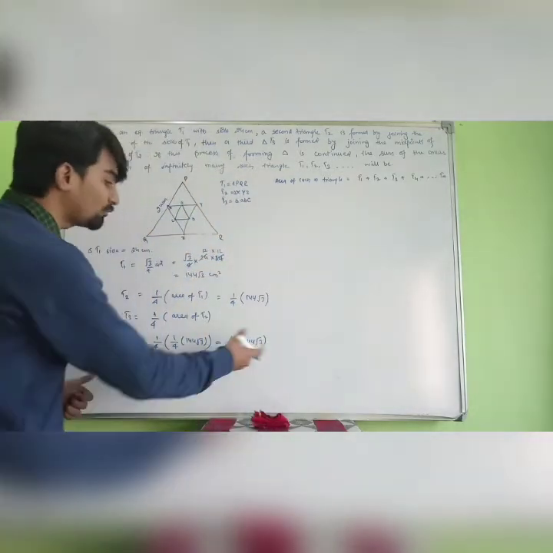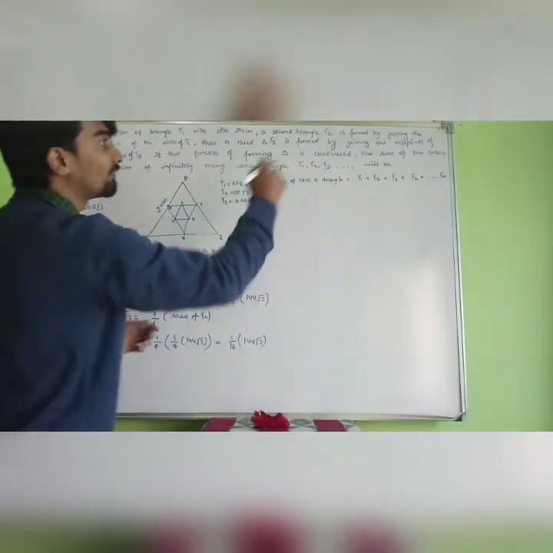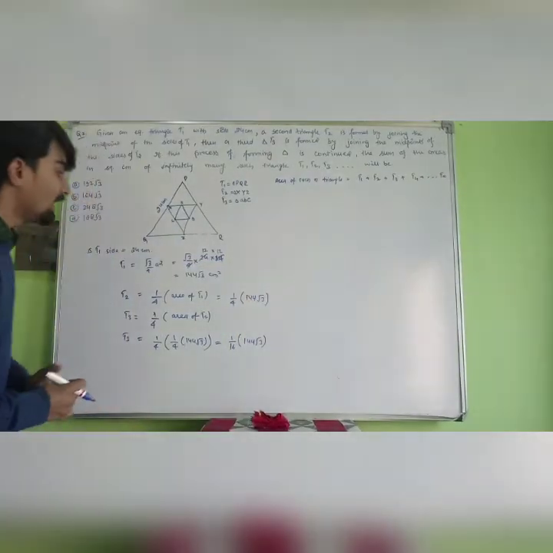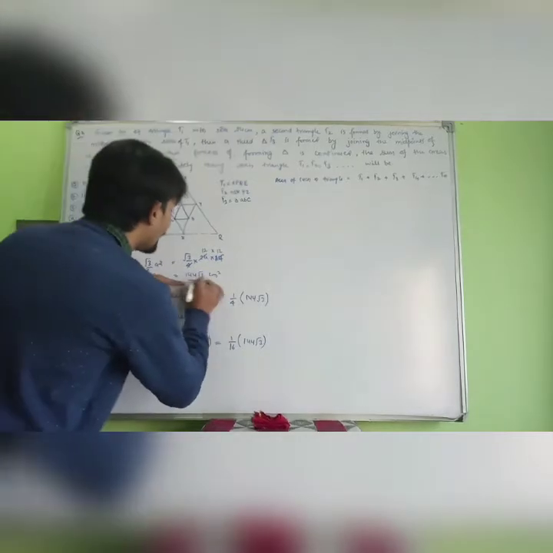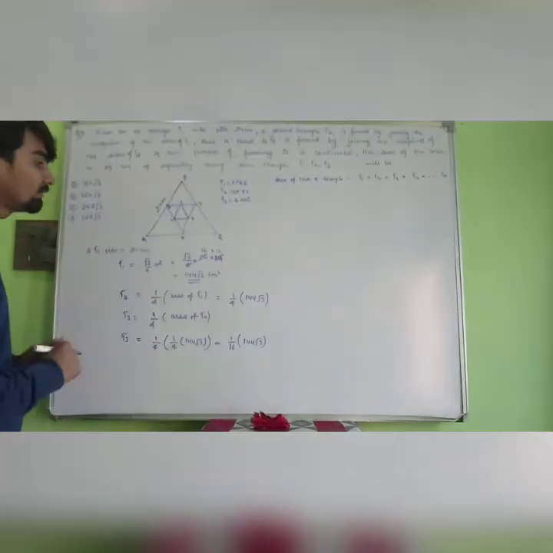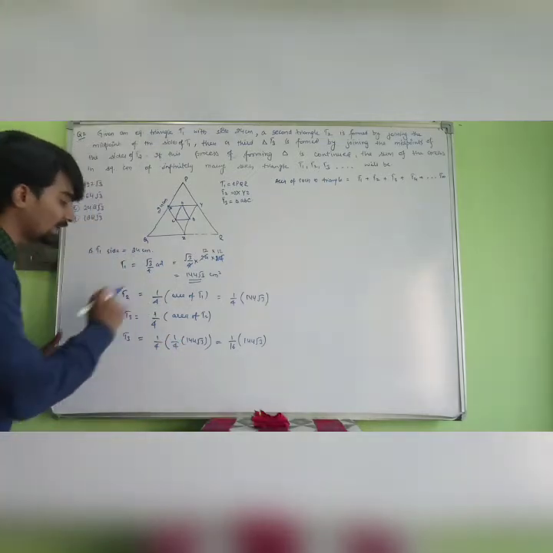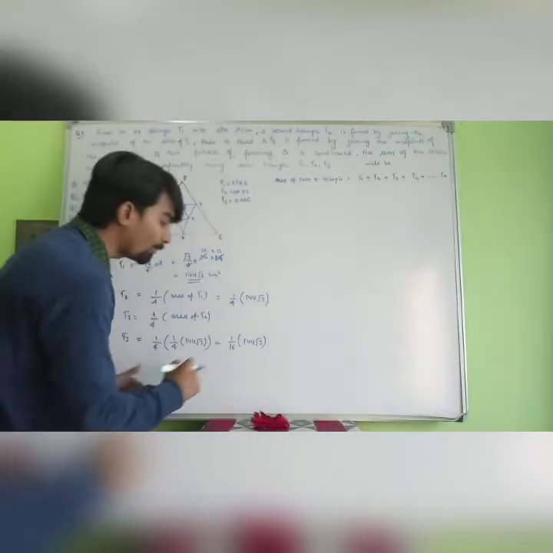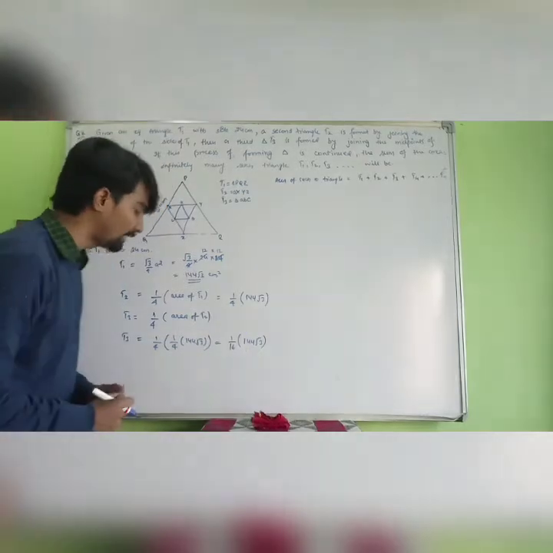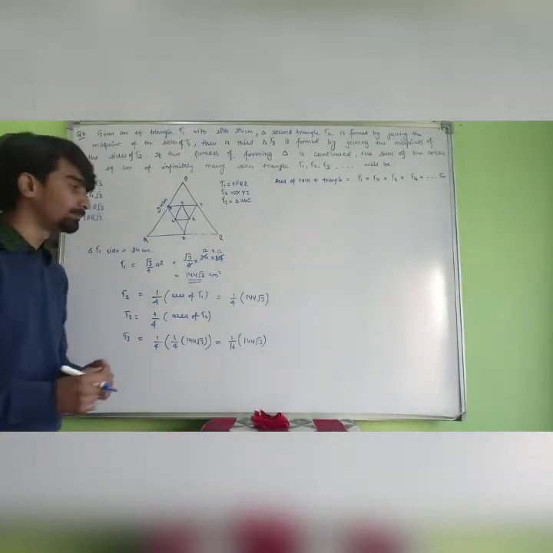And we have to find this till infinity. Okay, now it is clear that 144 root 3 is the area of T1, 1 upon 4 into 144 root 3 is the area of the triangle T2, and 1 upon 16 into 144 root 3 is the area of the triangle T3.